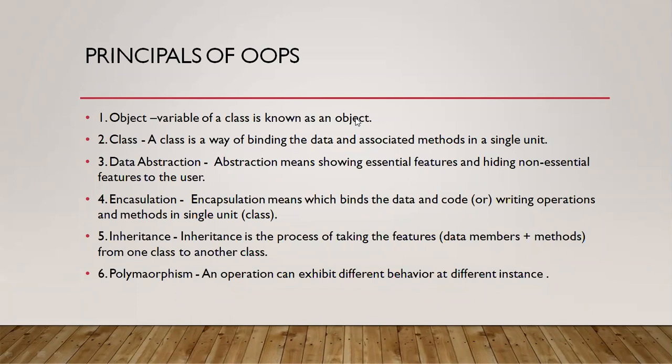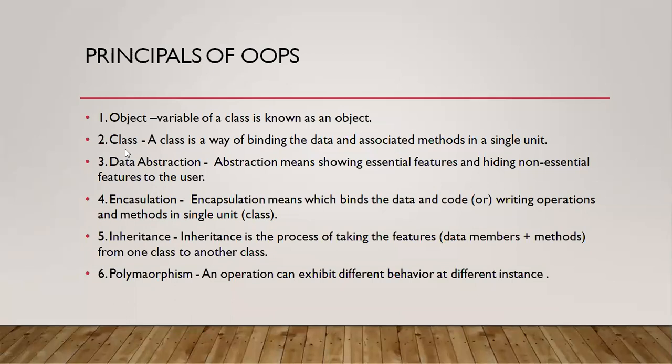A phone is a thing, a laptop is a thing, earphones are a thing. It is an instance of real time, and also it is a variable of a class. Now we are going to discuss what a class is.